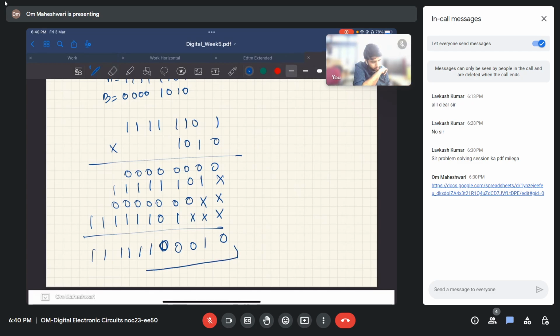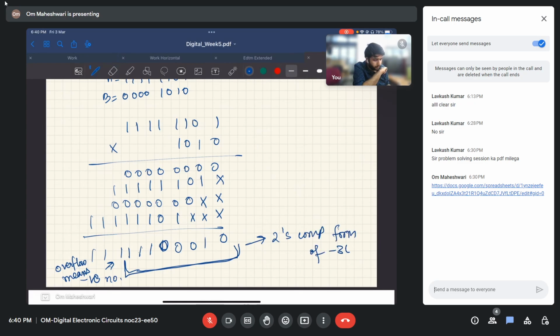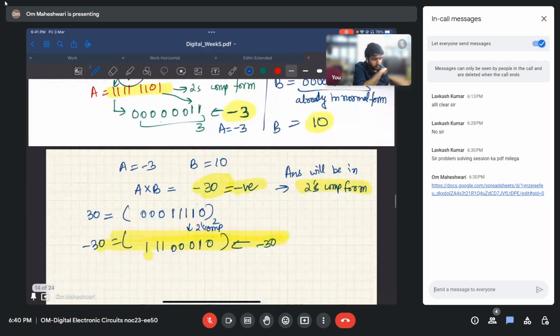We take the 8 digits and ignore the rest, and the overflow means it's a negative number. So the 8 digits correspond to the 2's complement of minus 30. You can do it this way also, but the earlier method is fairly easier.